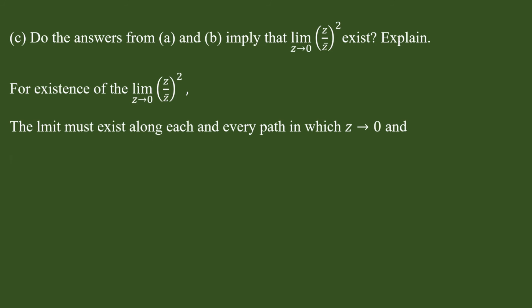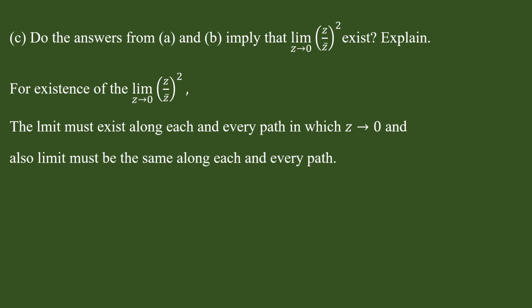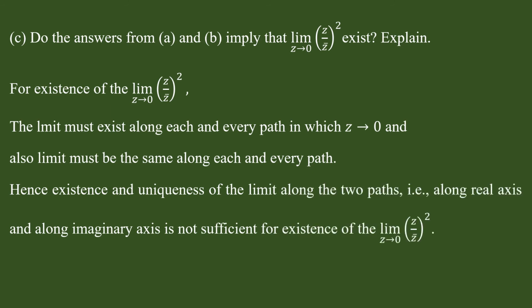The limit must be the same along each and every path. Hence, existence and uniqueness of the limit along the two paths, along the real axis and also the imaginary axis, is not sufficient for existence of the limit.